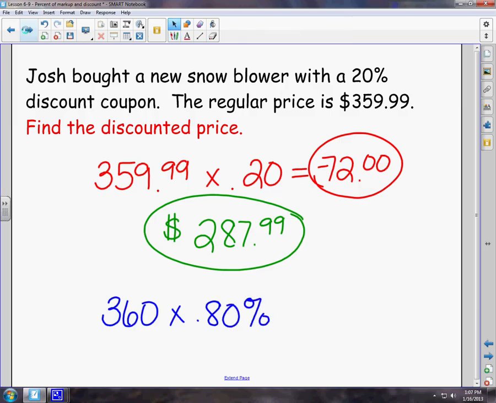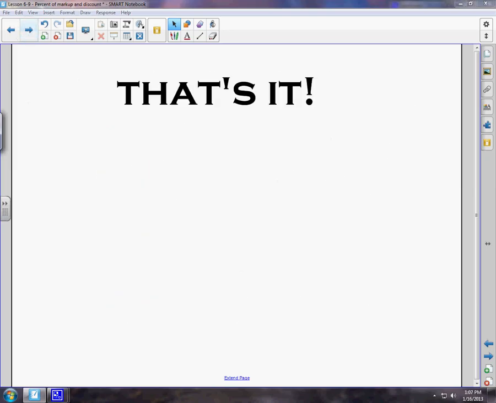When you do that, it automatically figures it out for you, and it would be $288. It's kind of like skipping a step. You're minusing 20% from 100 and getting the 80%, and then I just figure out exactly what I have to pay. All right, that's it for your notes.